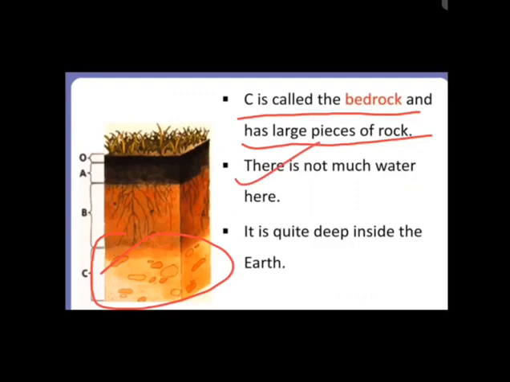The rocks present at the bedrock are partially weathered rocks, because the layer does not allow water to pass through. That is why this layer is dry, and it is quite deep inside the earth. So all the groundwater gets collected above this layer, right?